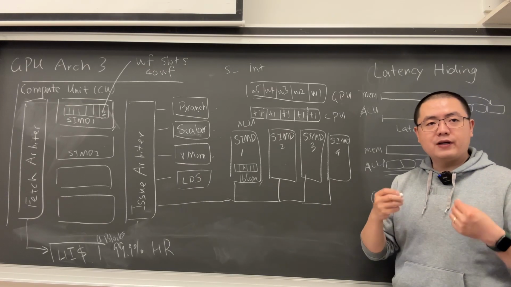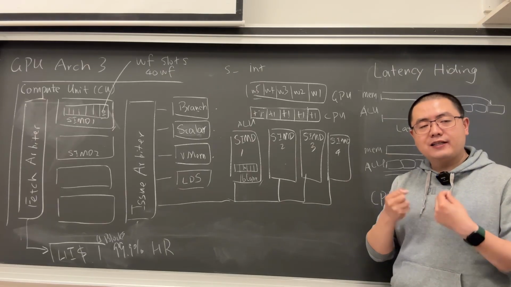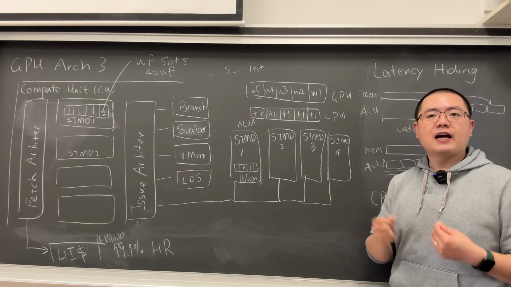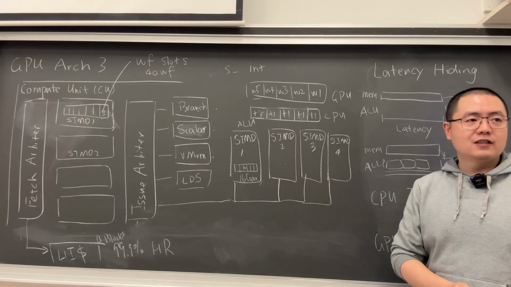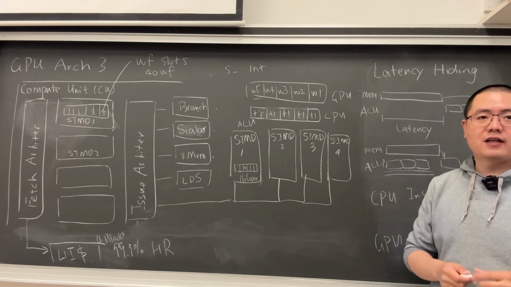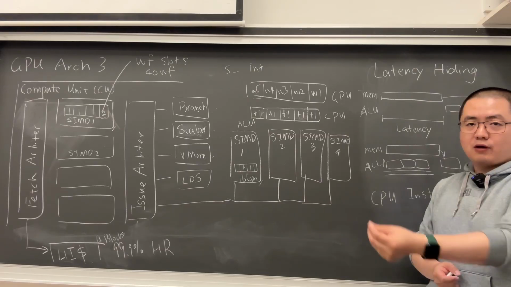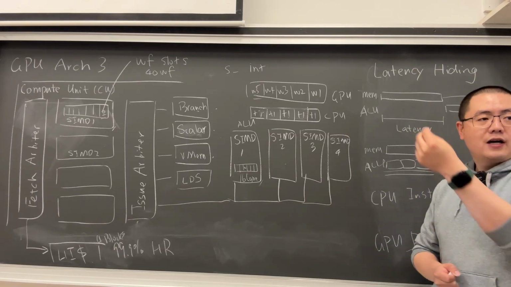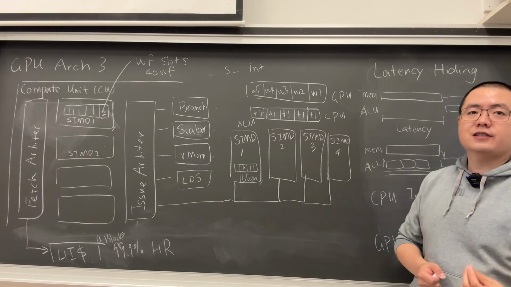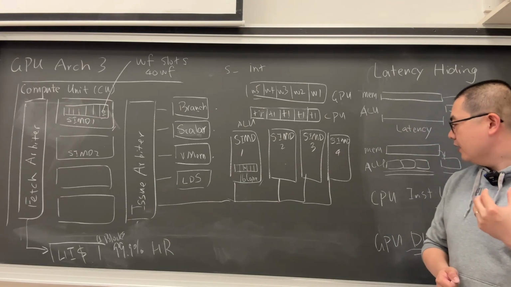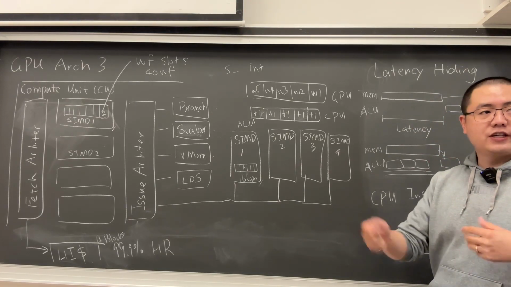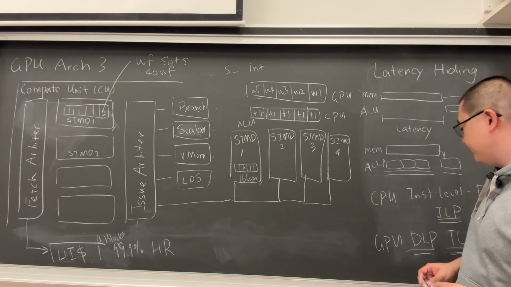So if the programmer wants to express more intention in their program, they have to use more complex programming languages and take more effort to write the program. So there's always a dilemma. The more complex the programming language, the higher the performance, right? The simpler the programming language, the lower the performance. That's a general trend, although there are some outliers.